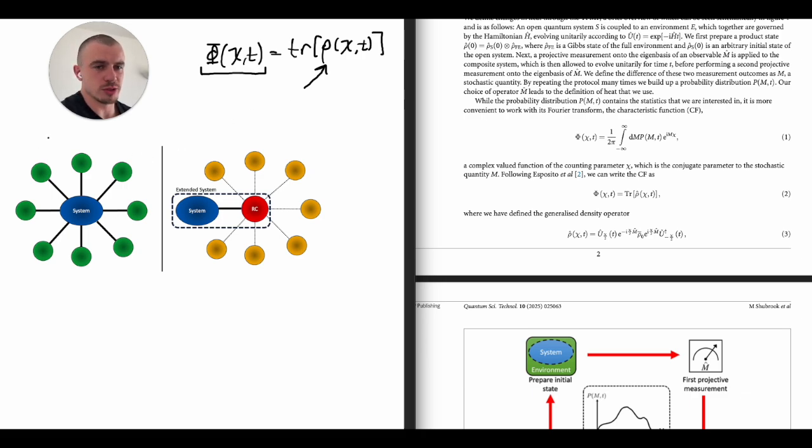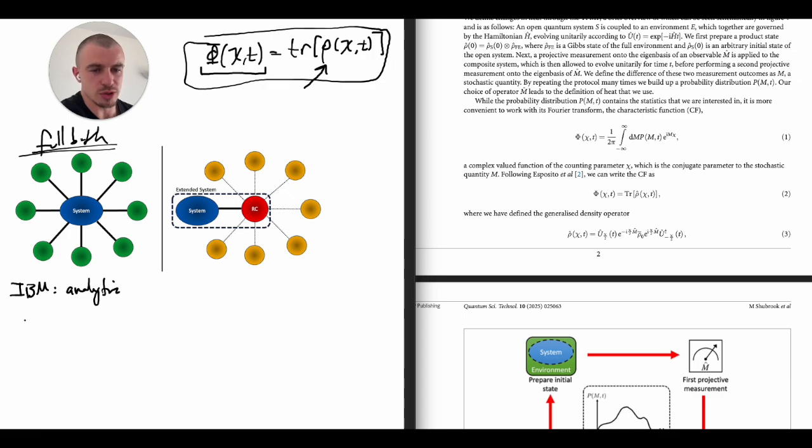So for example, if we use the full bath definition of heat, we have two different ways that we can track these statistics. One of them is we can say, well, if we just focus on the independent boson model, which is exactly solvable, it has analytic solutions, it turns out that we can extend those analytic solutions to also calculate this characteristic function, but only if the characteristic function is giving us statistics about changes in the full environment.